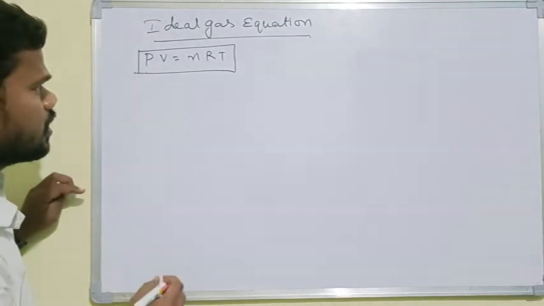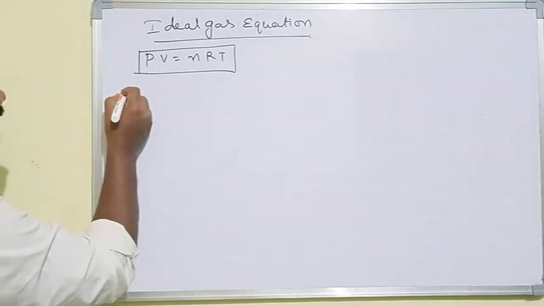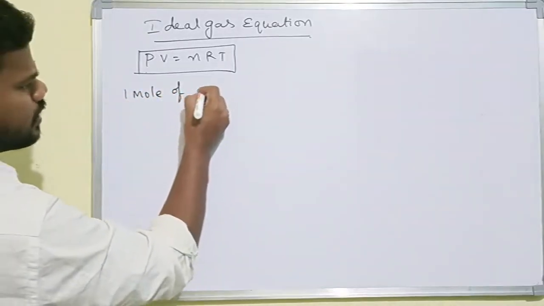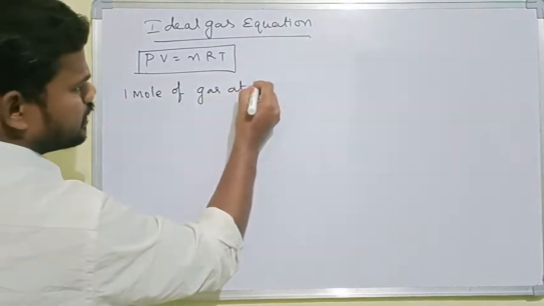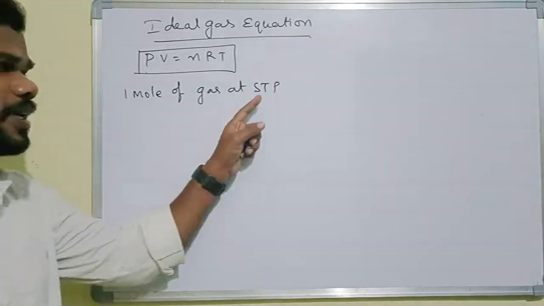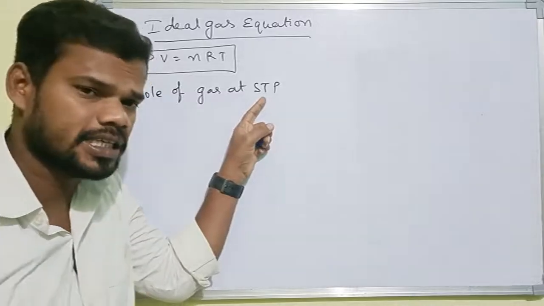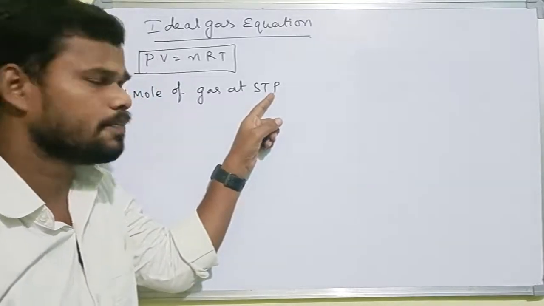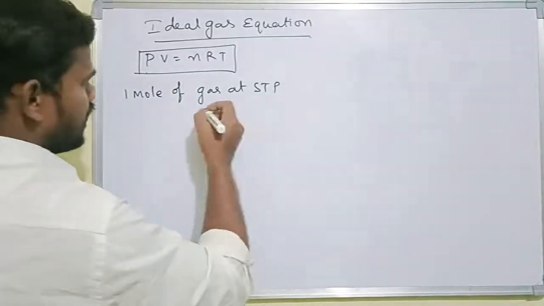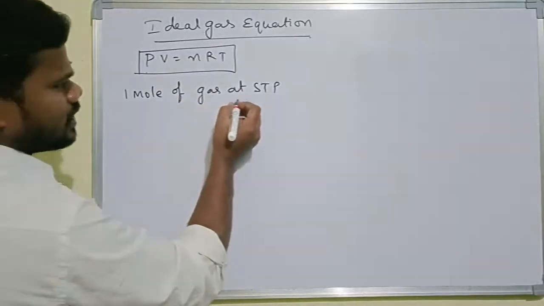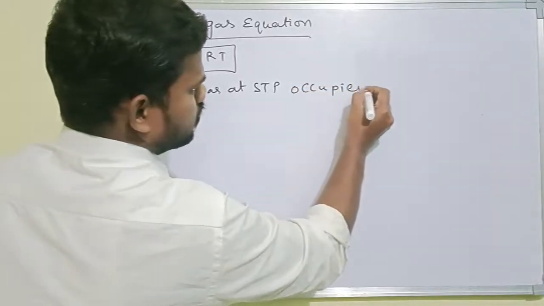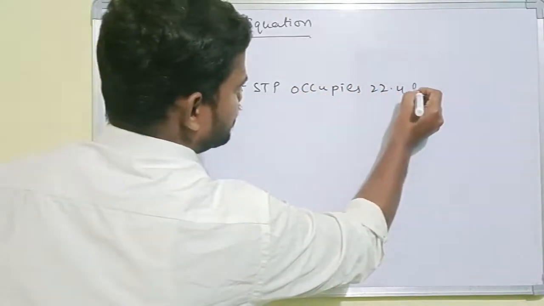Consider 1 mole of gas at STP, standard temperature and pressure, where temperature is 0 degrees Celsius or 273 Kelvin and pressure is 1 atmosphere. 1 mole of gas at STP occupies 22.4 liters.